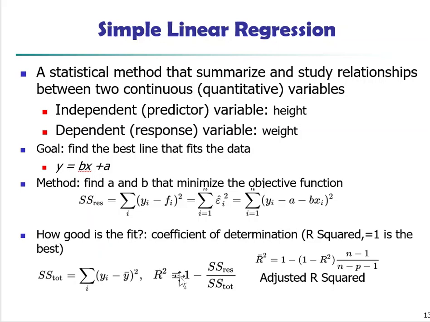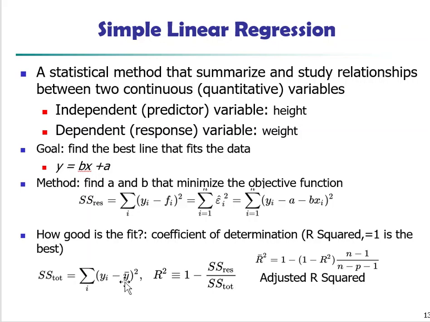R squared is defined as 1 minus the residual divided by the total. What is total? Residual we already discussed. It's this term. What's the total? The total is actually the sum of squares of the difference between the true value and the mean value.